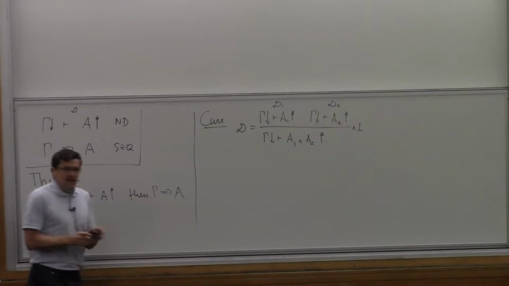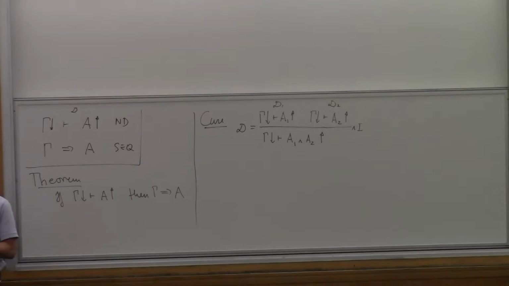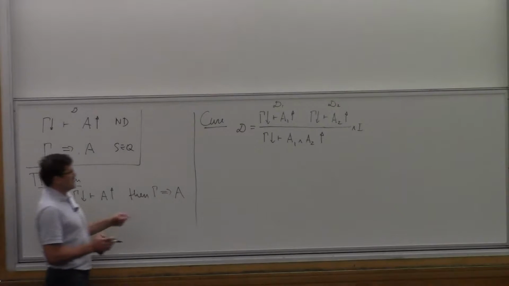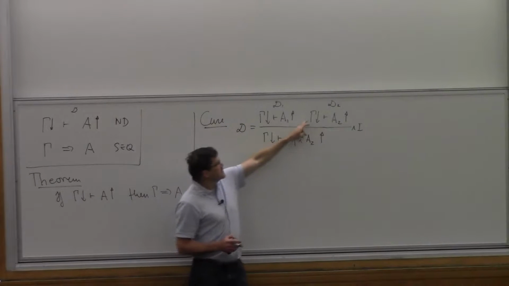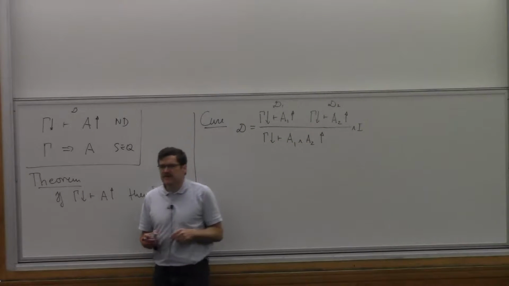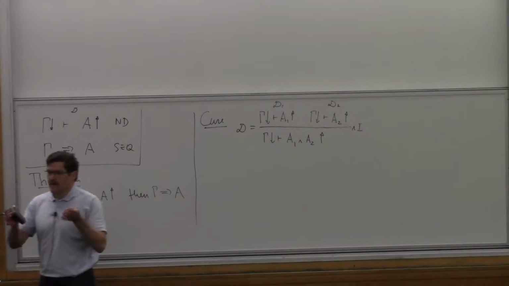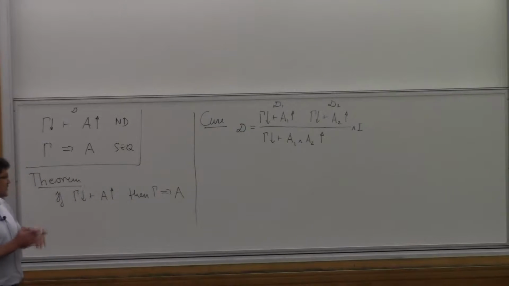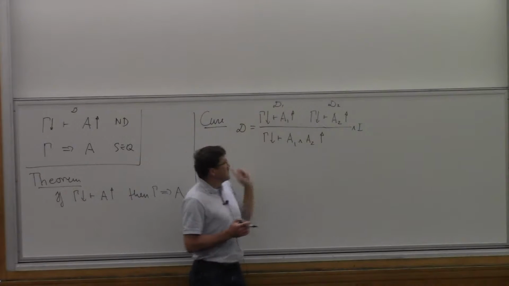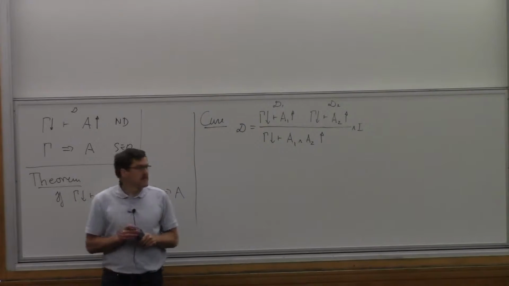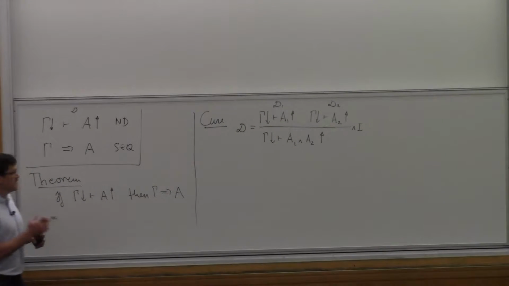Okay? So when we're doing induction over the structure of a derivation, we can apply the induction hypothesis to the subderivations. So we can apply the induction hypothesis here and the induction hypothesis here, because we're considering the structure of this derivation as something that we do induction over. Okay. So if we apply the induction hypothesis to D1, what do we obtain?